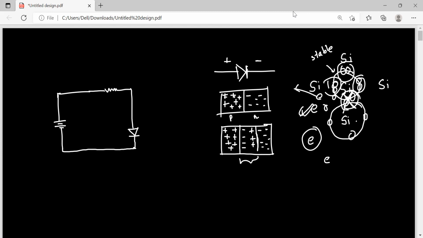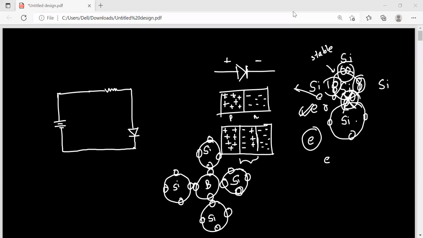What's meant by the p-type semiconductor? It's very simple. Let's say this is going to be a p-type semiconductor. How we change silicon, a semiconductor, to p-type is through a process known as doping.